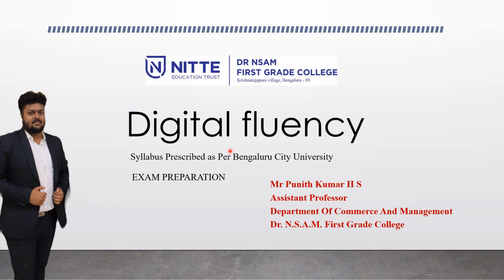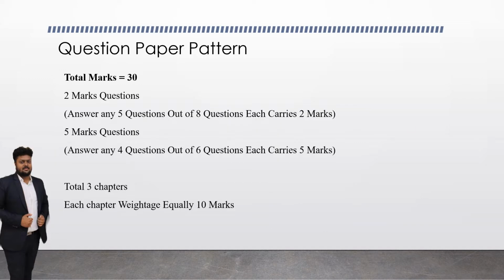So let us go into it and look at what we need to study and what the weightage is for this digital fluency subject. Look here, this is the question paper pattern. In total there will be 30 marks for external writing, meaning the semester end examination, SEE, carries 30 marks.